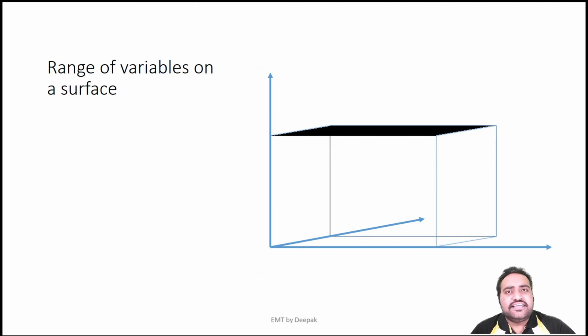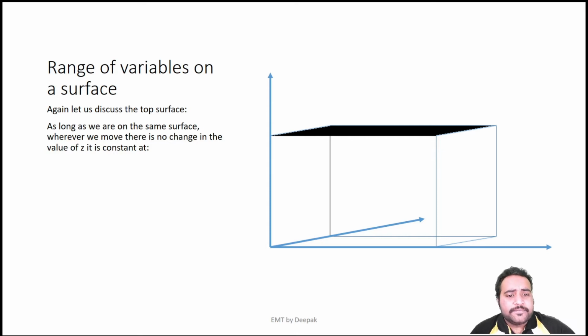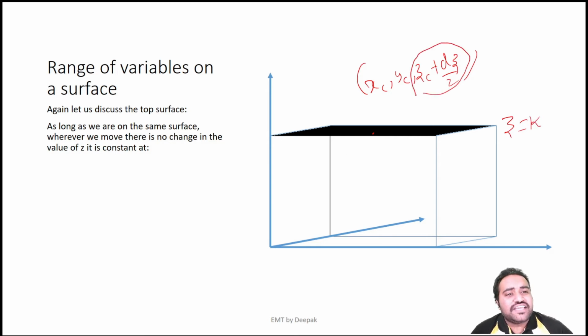Again, let us consider the top surface only. The center is at xc, yc, zc plus dz by 2, but see, this is a plane parallel to the xy plane, so here z is equal to a constant. The value of z is going to be constant at zc plus dz by 2 wherever I move on the surface.